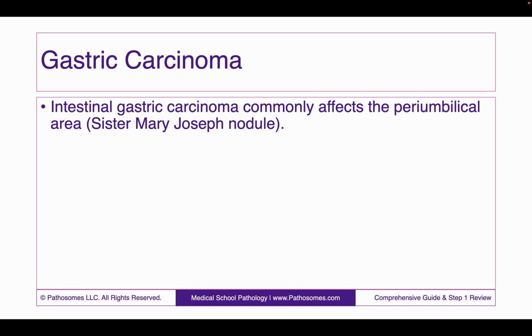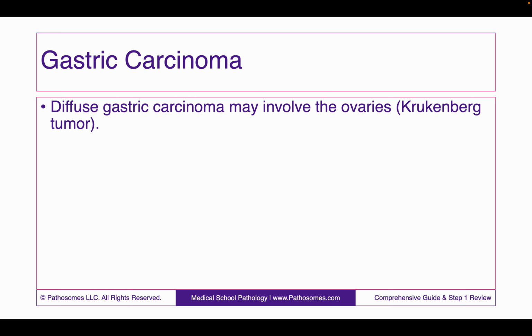Intestinal gastric carcinoma commonly affects the periumbilical area, and this is known as a Sister Mary Joseph nodule. Diffuse gastric carcinoma may involve the ovaries, and this is known as a Krukenberg tumor.